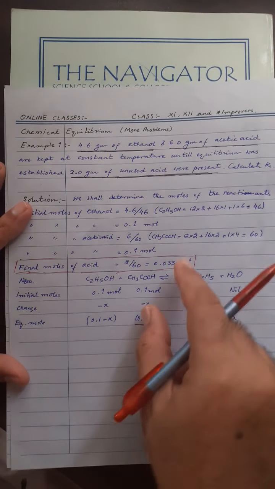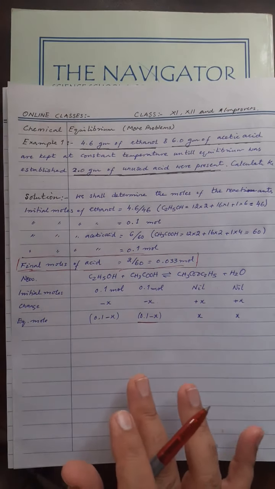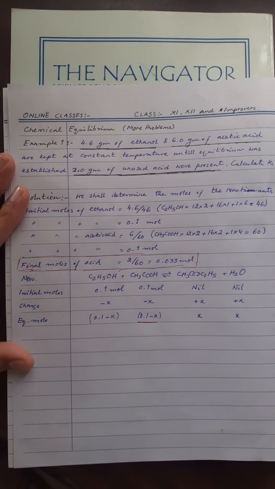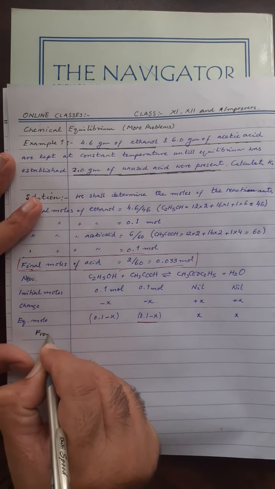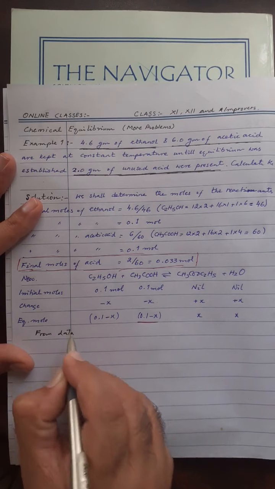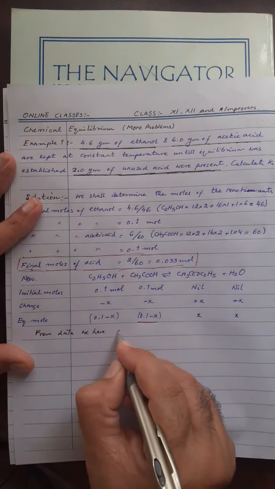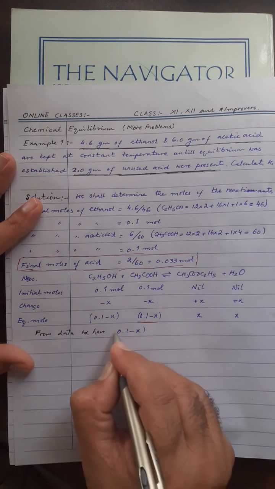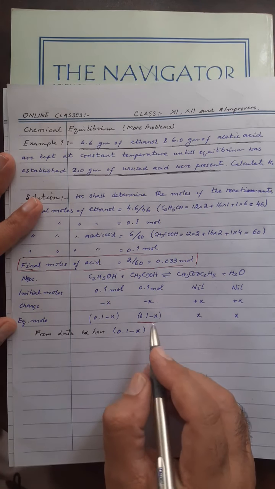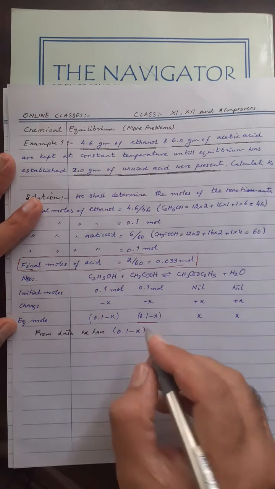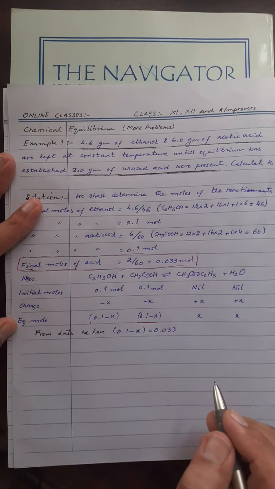So if they are both presenting the similar quantity, we can put them equal to and find x, right? So from data, you can see that 0.1 minus x represents the quantity of acid at equilibrium, and our question also says that actual moles are 0.033 for acetic acid at equilibrium.